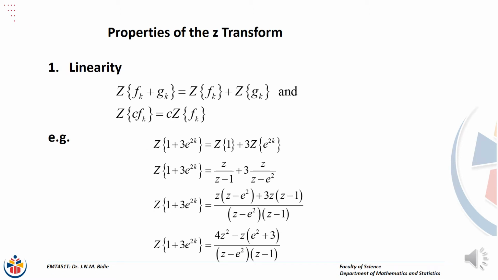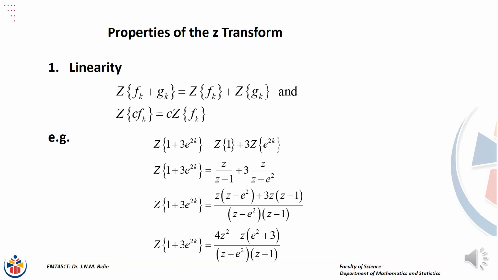As noted before, I used linearity in order for us to take the Z transform of T squared k squared. One of the properties of the Z transform is linearity, where you can take the Z transform of the sum of two signals and separate them, and it's just the same as the sum of the Z transforms of the individual signals.